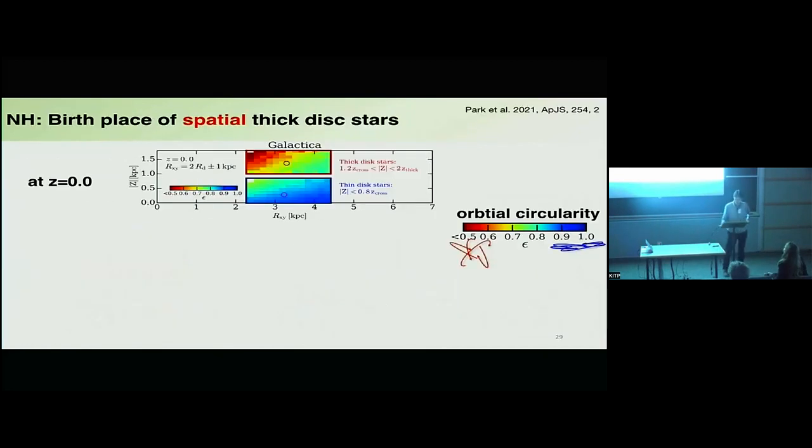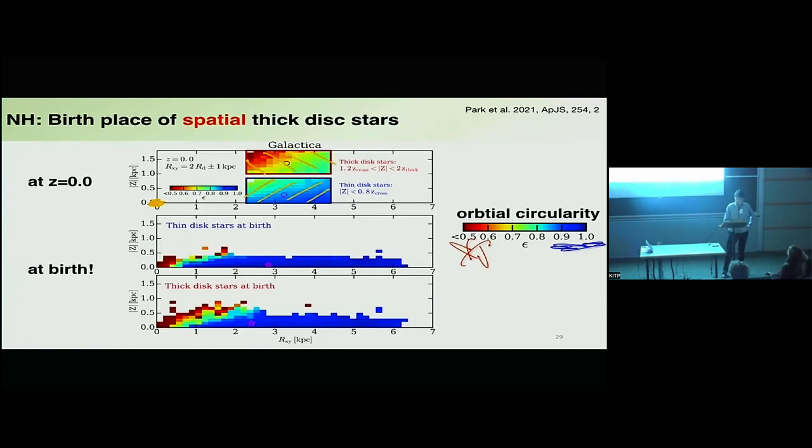All right, now what about the birthplace of these thin and thick disk stars? So here in one galaxy, so this is the galactic center. So these are the currently thin disk stars, that's currently thick disk positioned stars. And if you look at their birthplace, their mean birthplace is on the thin disk.